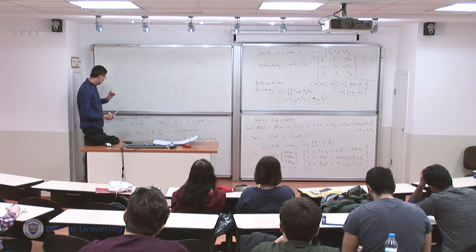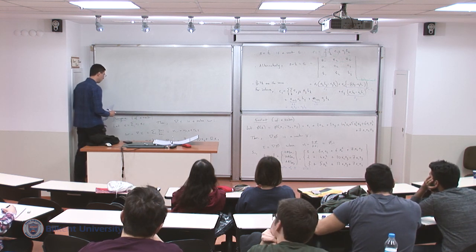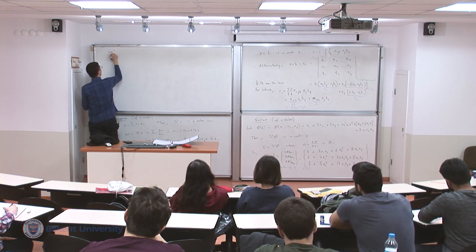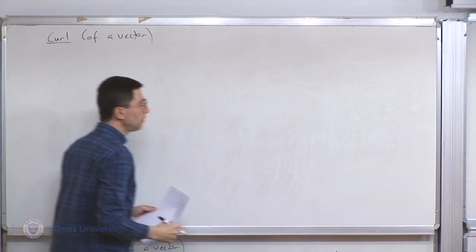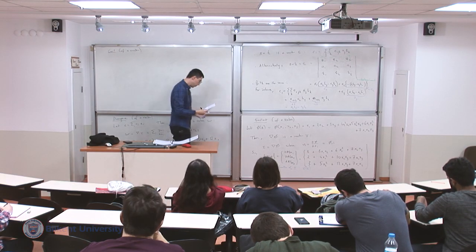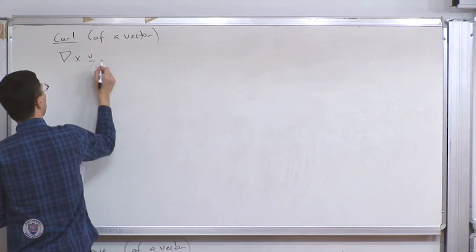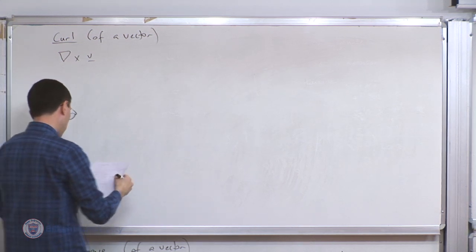All right, so somebody said curl, and I said I first want to do the cross product. So let's proceed with now the curl of a vector. So I have the cross product defined there. Eventually, the operation looks very similar to a cross product, except instead of any vector, I have the gradient operator there.